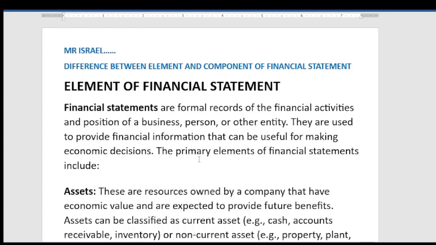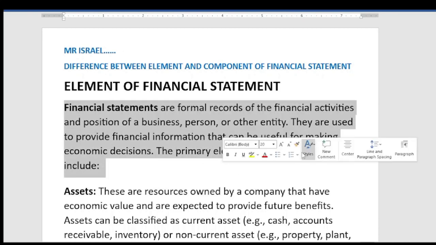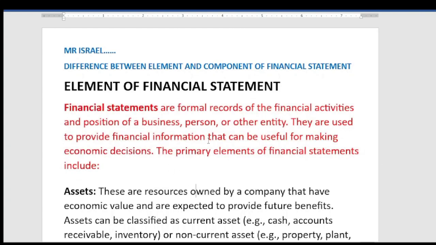Financial statements are formal records of the financial activities and position of a business, person, or entity. They are used to provide financial information that can be useful for making what? Economic decisions.